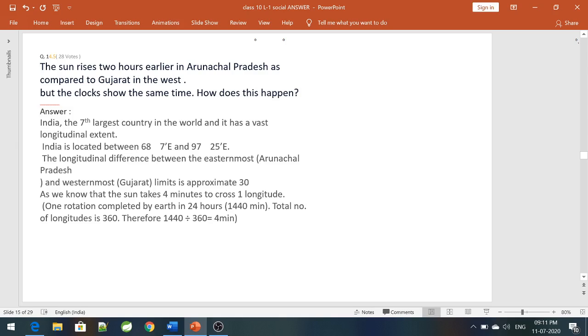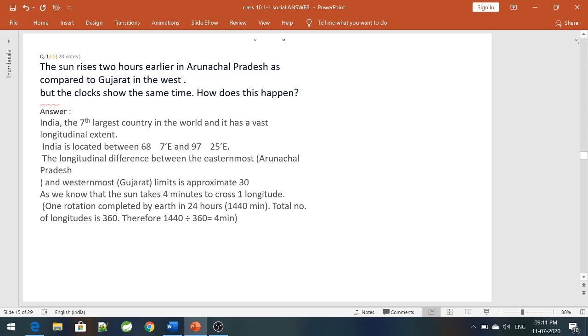India is located between 68 degrees 7 minutes East and 97 degrees 25 minutes East. Towards the east Arunachal Pradesh is present, and towards the west of India Gujarat is present. So there is a time difference of 2 hours.